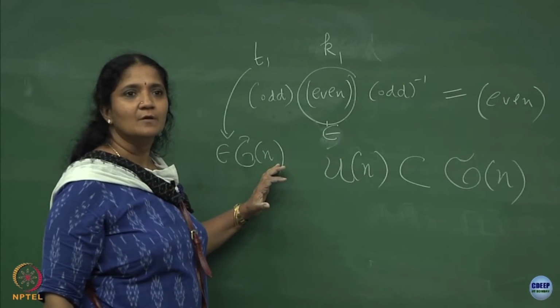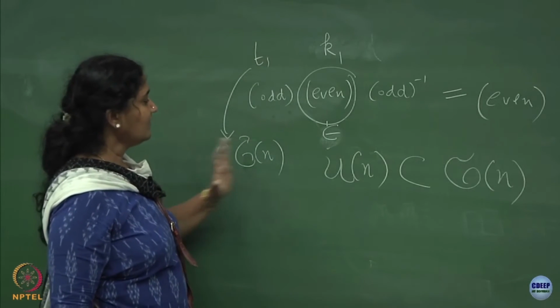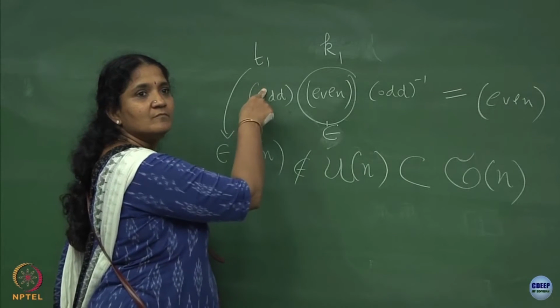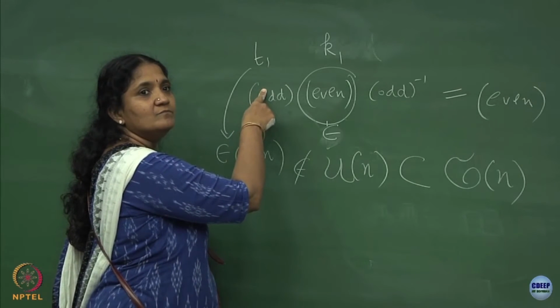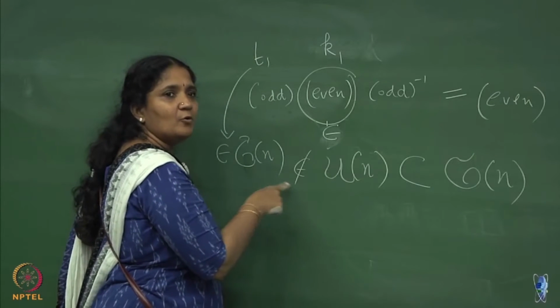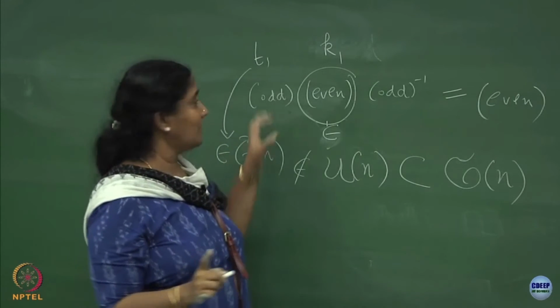So take this element, but it does not belong to the alternating group. T1 is an element belonging to the symmetric group of degree n, but it is not an element of the alternating group, that is why it is called odd.